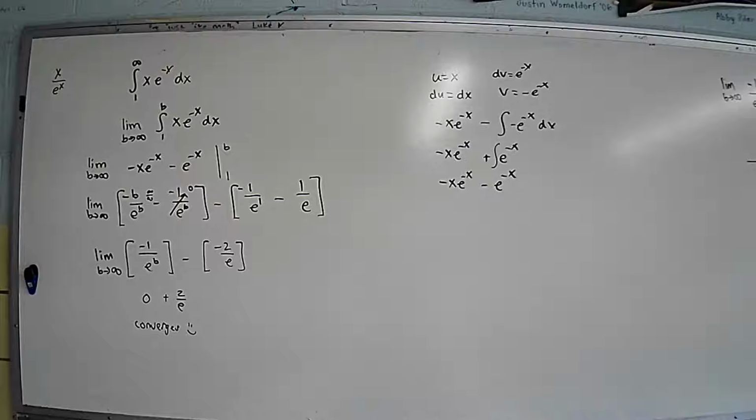The fact that the derivative of natural log of x is approaching 0 means the slope of natural log of x is approaching 0. But natural log of x still forever increases. Does that make sense? But the slope is approaching 0.